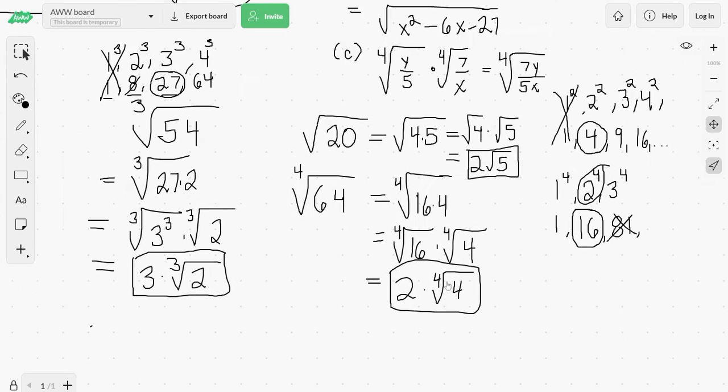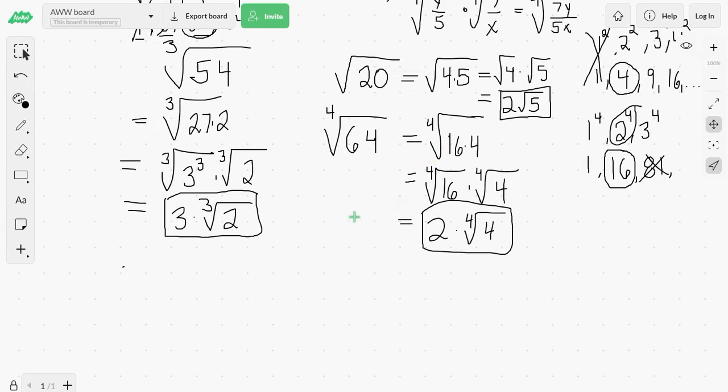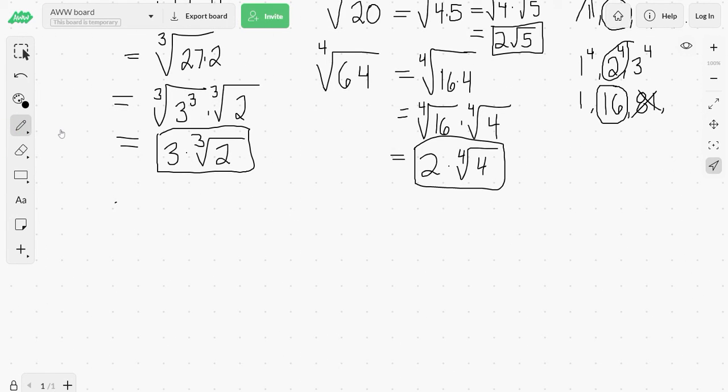I didn't really number these very well, but hopefully that's okay. So suppose we want to simplify the square root of x to the 7th, y to the 11th, z to the 9th.